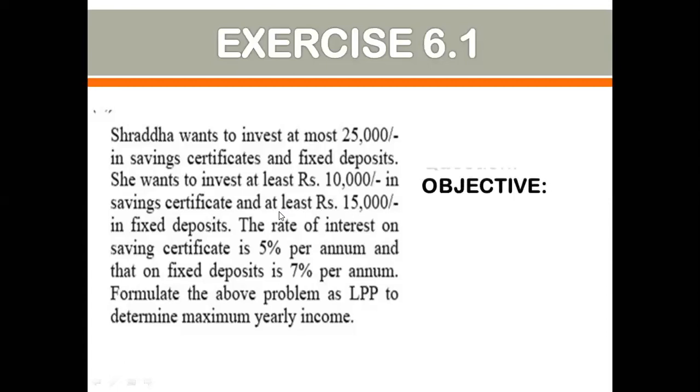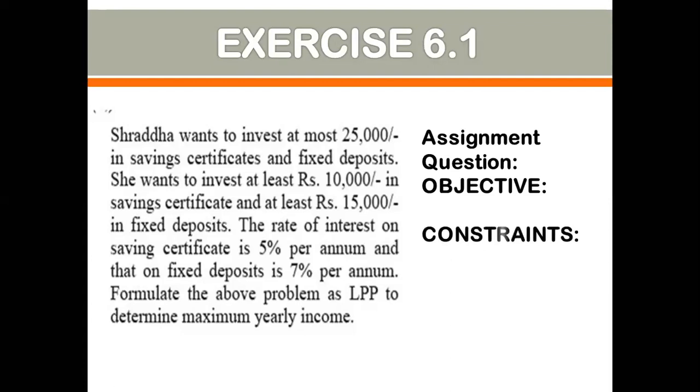So first you can ask yourself what is the objective over here, what are the different constraints, and what can be the decision variables. In short, the objective is that she should get maximum income. The constraint is that she can only deposit in 2 certificates, one is savings and the other is FD.